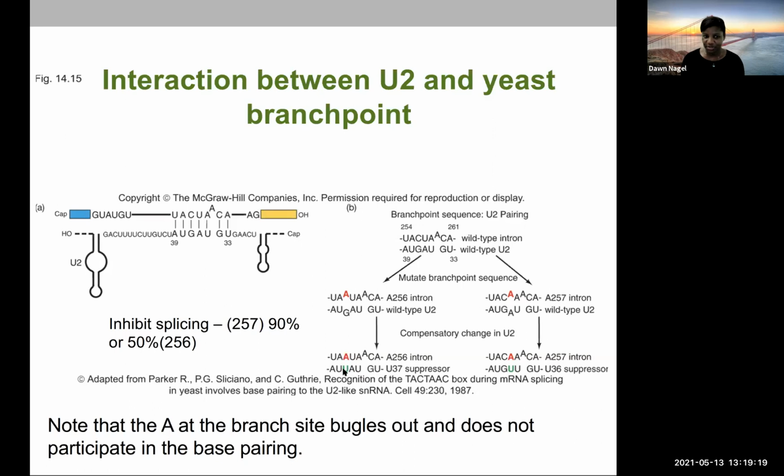It will force this mutation that's there so that it can actually bind properly to that A site and facilitate it. What we refer to as a suppressor mutation. So you have a mutation that's happening and you suppress this mutation by changing your mRNA to deal with that mutation. Okay, so this can also happen in terms of the regulation of splicing.